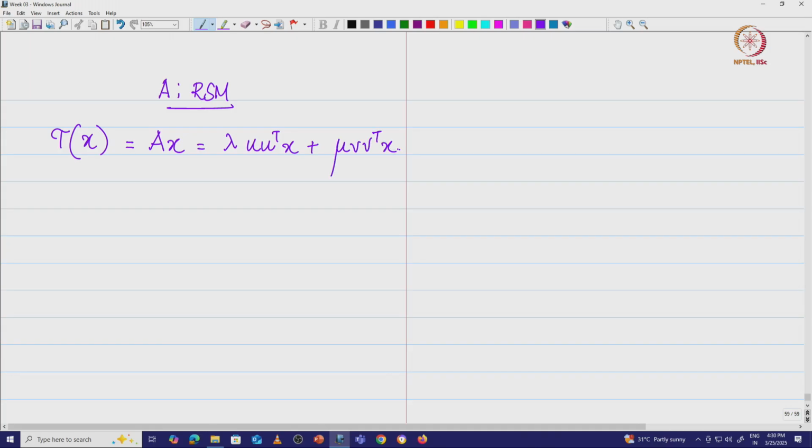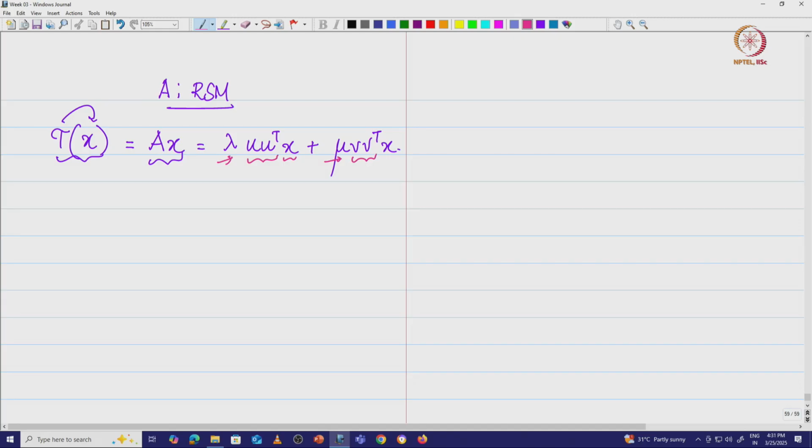That means the effect of this transformation T on x is basically to project this x onto two orthogonal directions, namely the directions corresponding to the orthogonal eigenvectors, and scale those projections by lambda and mu.